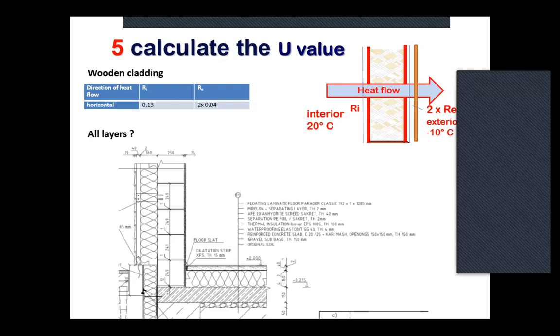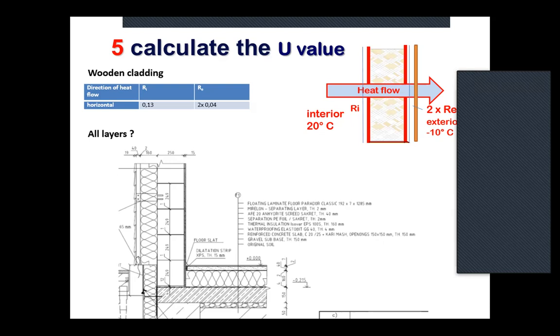So do you include the bitumen or without? Yeah, bitumen is questionable because it doesn't have any effect anyway, because it's rubber and very thin. So you could exclude this also and only calculate to the thermal insulation.